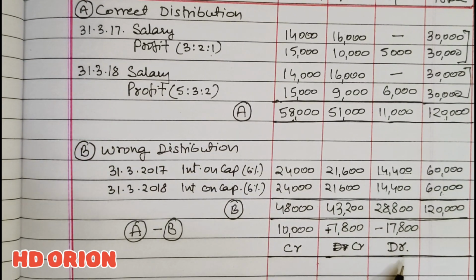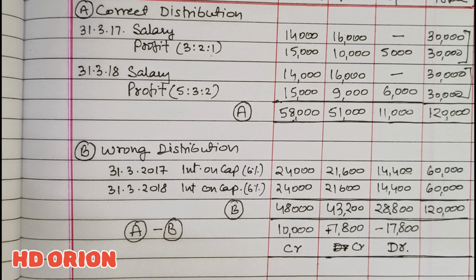Now when you pass this journal entry, their current accounts will be as per the partnership deed. So let us pass the journal entry for this.